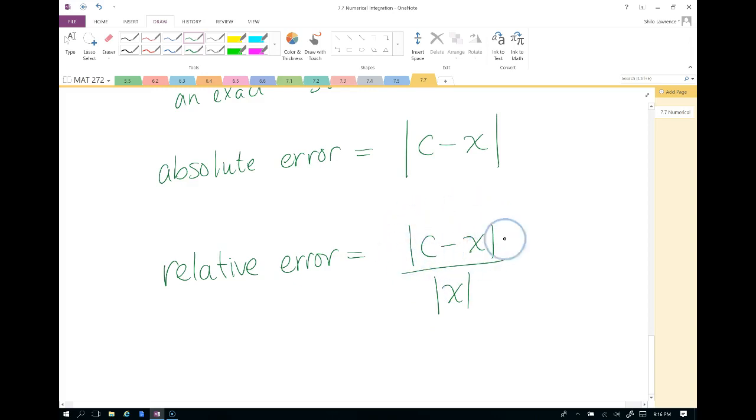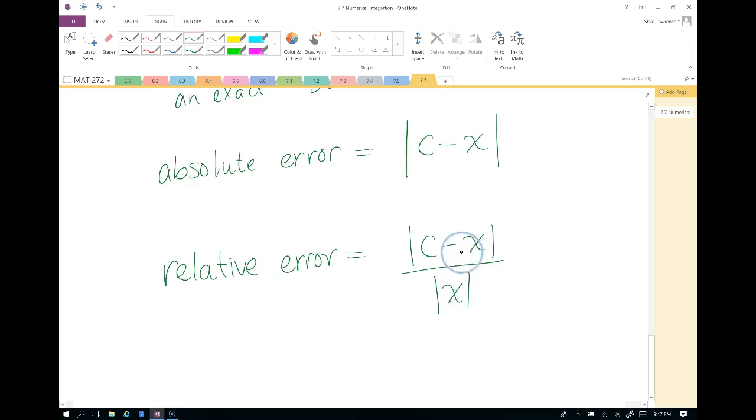So it takes that giant error of 1,000 and says, well, if the area was supposed to be 1 billion, then really being off by 1,000 is not that much. Well, if your area was supposed to be 1,000 and you're off by 1,000, then yeah, the value of this fraction is 100%. You're off by a lot.